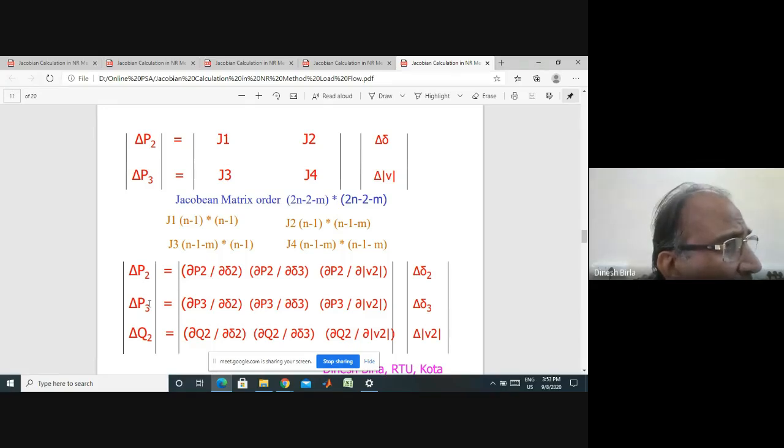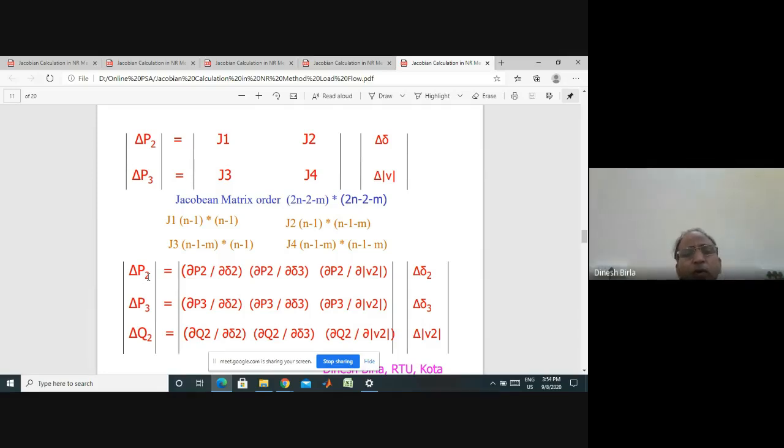Concentrate on one important point: on the left hand side it will be active and reactive power only. For bus number 1 there will be no active and reactive power, because at bus number 1 the voltage and angle are defined, and the P and Q of the slack bus are obtained at the end, when the solution is reached. So we have only the active and reactive power of the PQ bus at bus number 2, and at bus number 3 we have only active power, because reactive power is unknown.